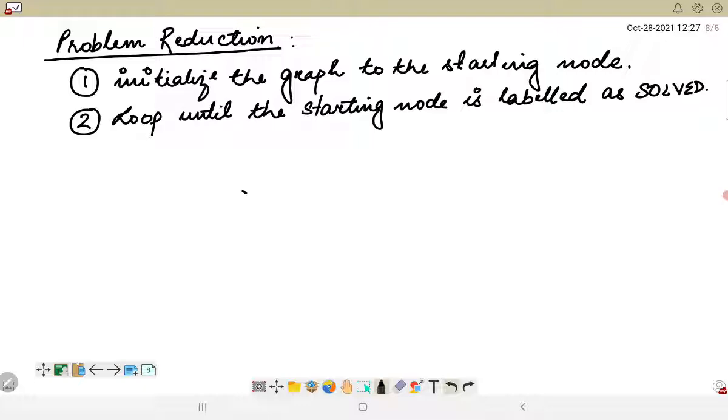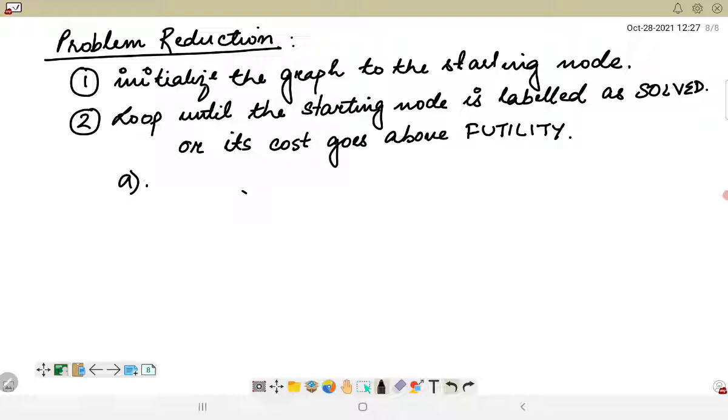Or the other condition is, or its cost goes above futility. If it is going above futility, that means there is no point solving that particular problem. Now under the loop, what we have to do is traverse the graph starting at the initial node, following the current best path, and accumulate the set of nodes that are on that path and have not yet been expanded or labeled as solved.